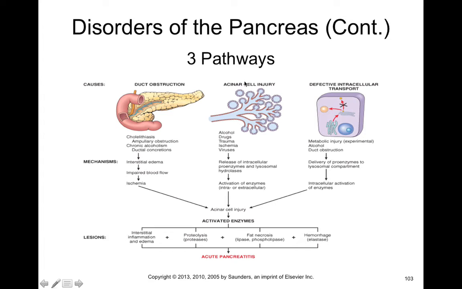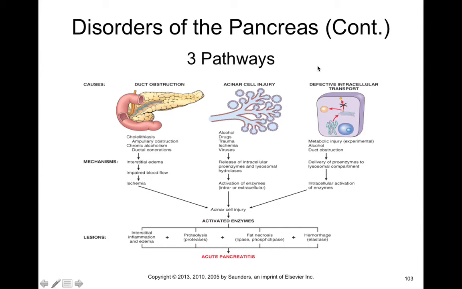Now, with acinar cell injury, this can occur in a variety of ways. It can come from alcohol in 66% of cases, other drugs, trauma, ischemia, viruses. But with this acinar cell injury, what we find here then is that due to some form of injurious agent, you get the release of proenzymes into the tissue, and once these enzymes leave the tissue, they can actually lead to pancreatitis.